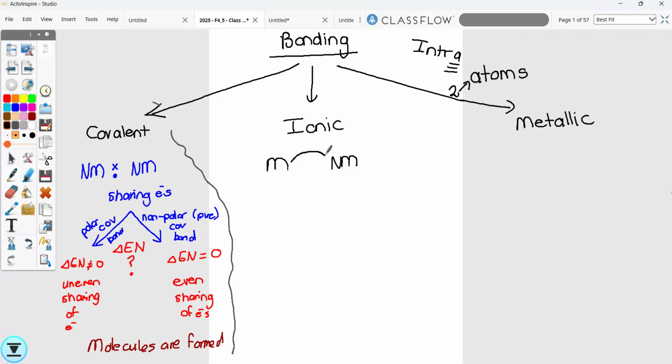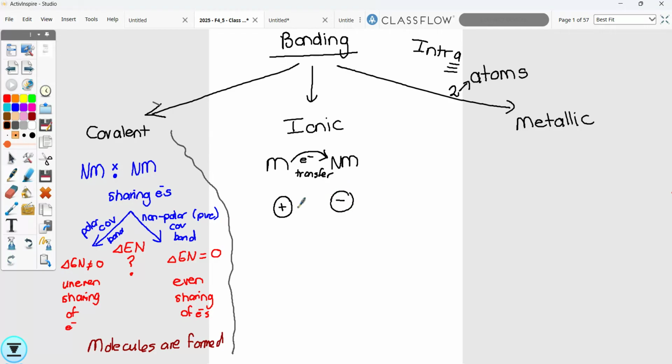It's going to transfer an electron, or 2 or 3. But it's an electron transfer, which means that the metal has now got a lack of electrons. So what charge does it have? Positive charge. And the non-metal, a negative charge. So I form a cation and an anion. Oh, I should actually show them separately first.